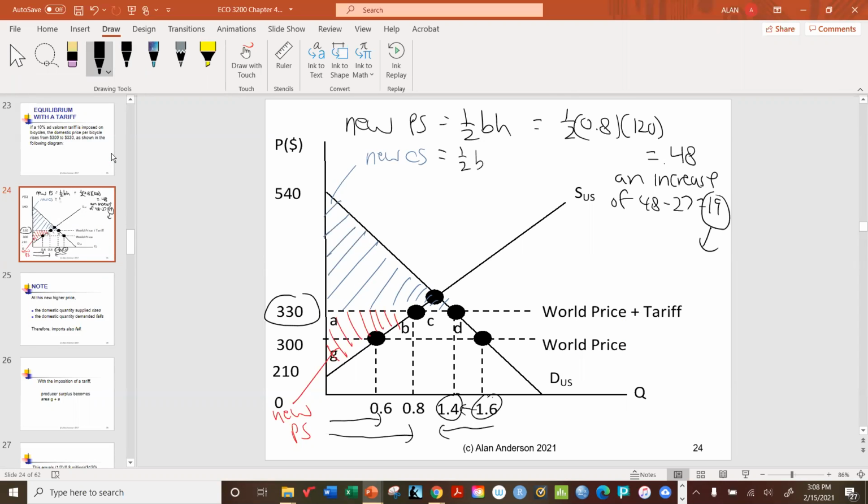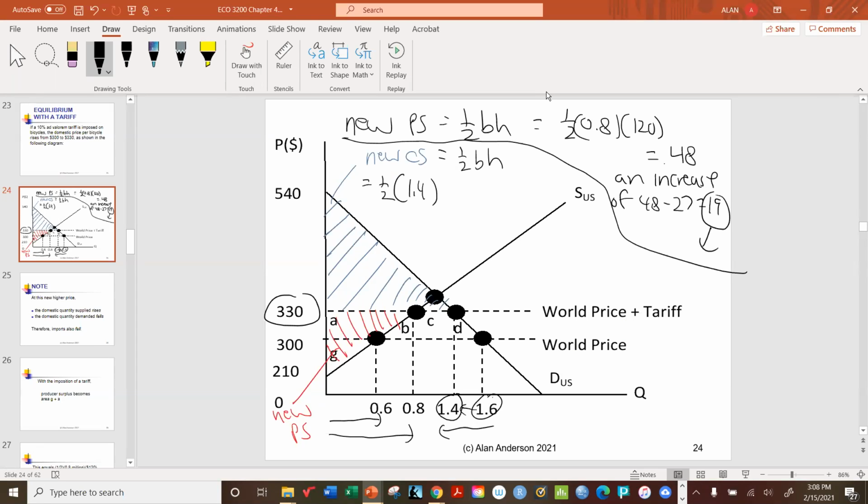1/2 base times height. Now you wait and see. We're going to be very upset when we see this result because the new base is 1.4. Okay, from here to here is 1.4. The height is now 210, from 330 up to 540.